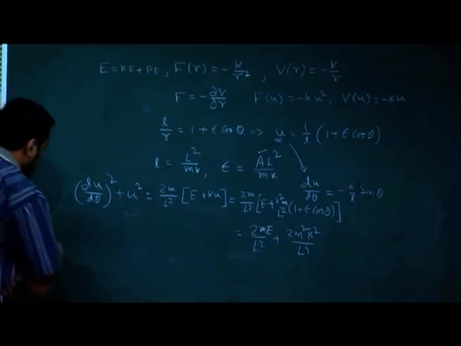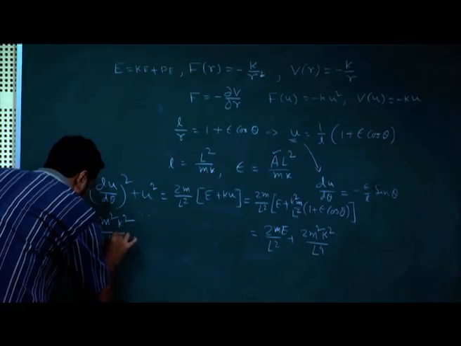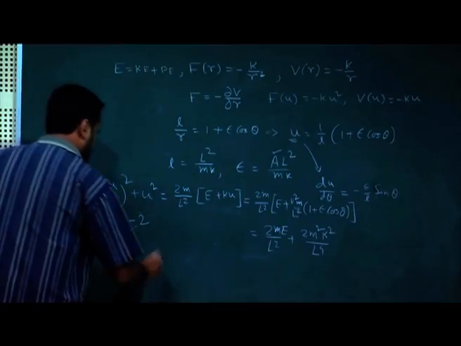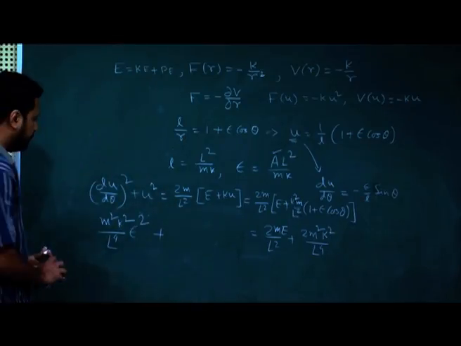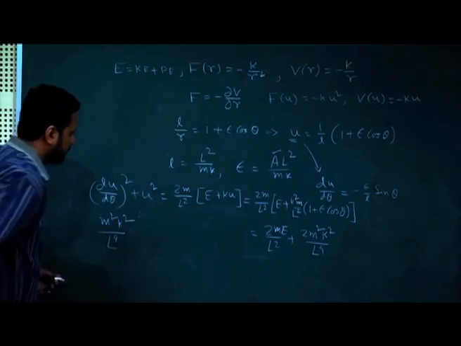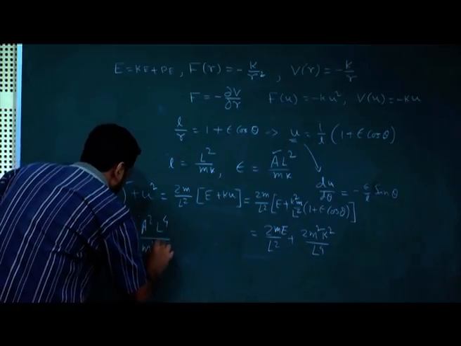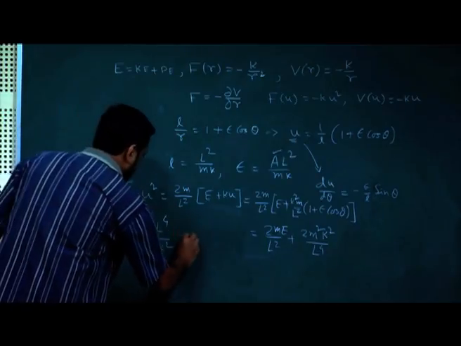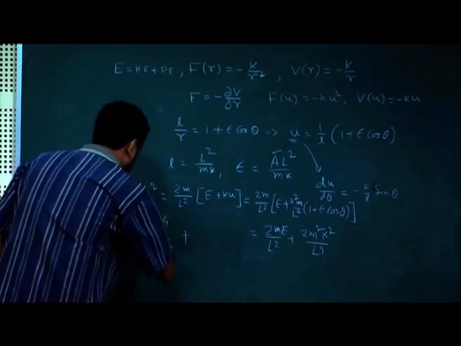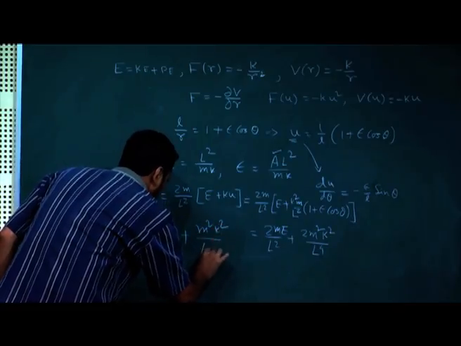So, the left hand side will be m square k square by L to the power 4. Here we will have epsilon square plus, now if we put the value of epsilon, it will be 2 E L square by m k square. There will be one additional term, and there was one there, so it will be m square k square by L to the power 4.